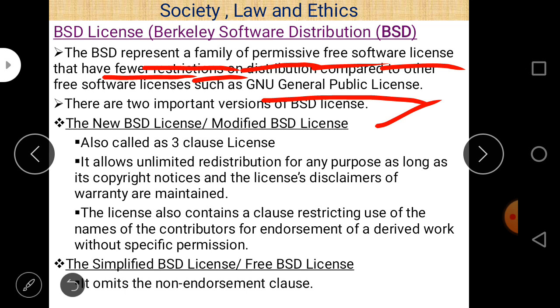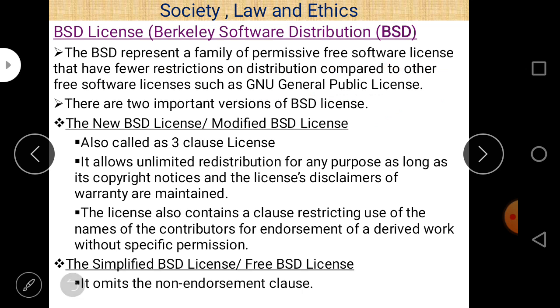A few things are very important. First of all, BSD license represents a family of permissive free software licenses. Second, in comparison to the General Public License, it provides few restrictions. BSD can be categorized into two basic categories: modified and FreeBSD license.